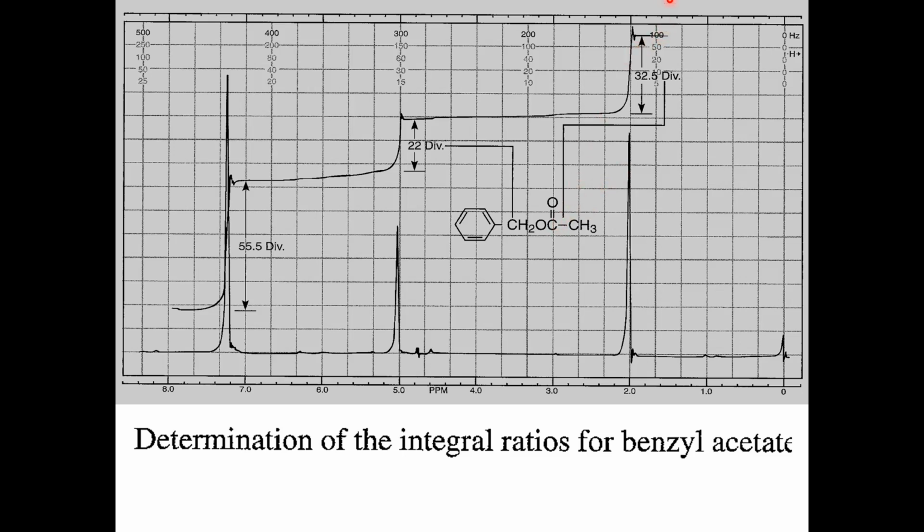The integration line here, you can see the height of this integration line is 32 squares, whereas this is 22 and this one is 55. The ratio becomes 3 to 2 to 5, the same as the ratio of the number of protons. Here we have 3 protons, here we have 2, and we have 5 aromatic protons.